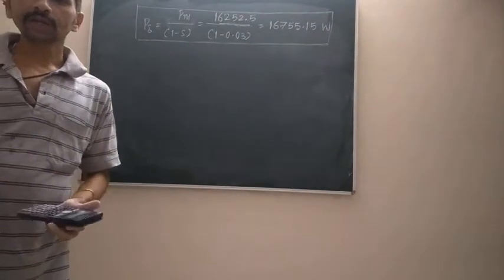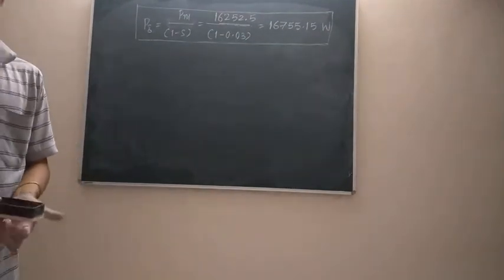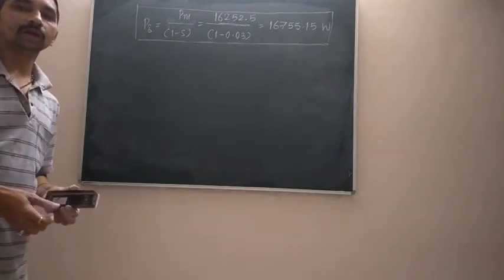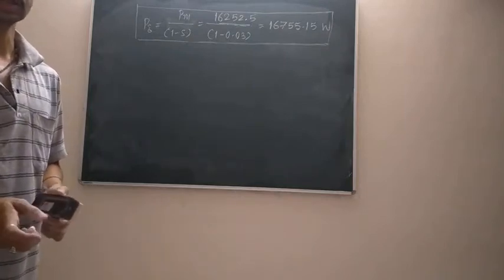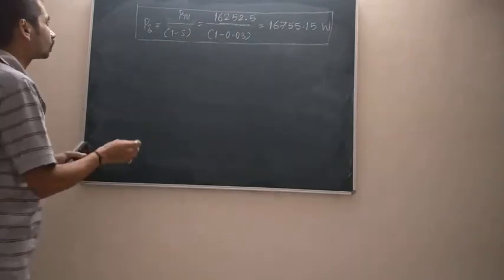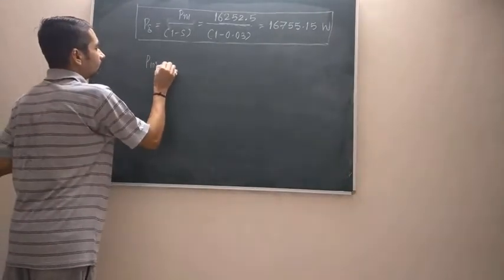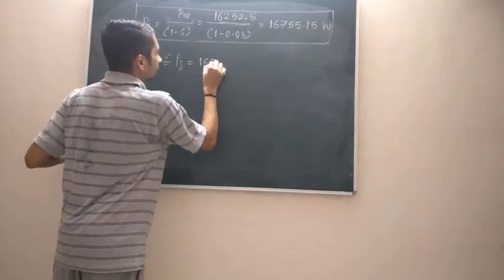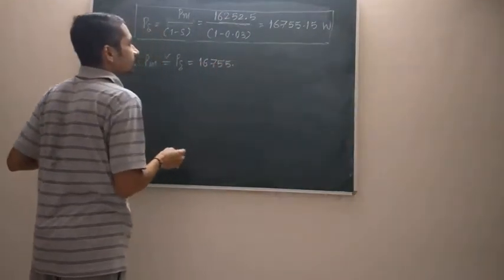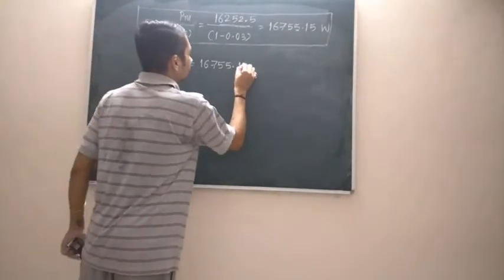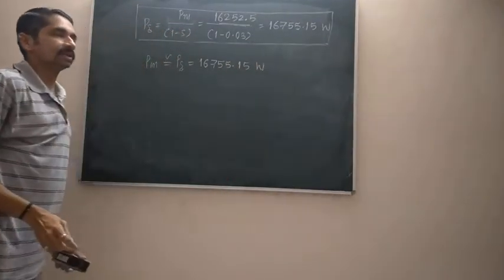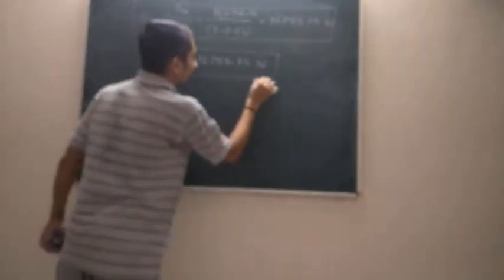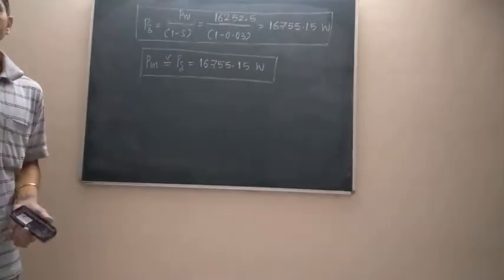Now if I want to calculate the input power to the induction motor, I need to know the amount of stator core and stator copper losses. But as no information is given about these two losses, we can say that the stator losses are negligible, and therefore the input power is approximately equal to the air gap power. So the input power also comes out to be 16,755.15 watts. This approximation we have to make as no information about the stator losses is given.